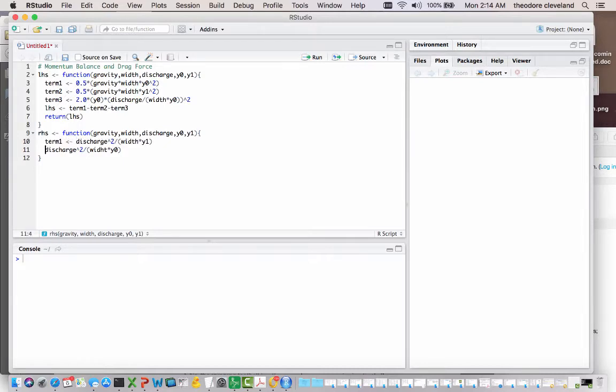Term 1. And let's get these grouped so it'll guarantee that the exponentiation occurs before the division. It's not supposed to screw up, but it is a computer and that's what they're built to do. See, it even made me spell it wrong. All right, right-hand side is term 1 minus term 2.